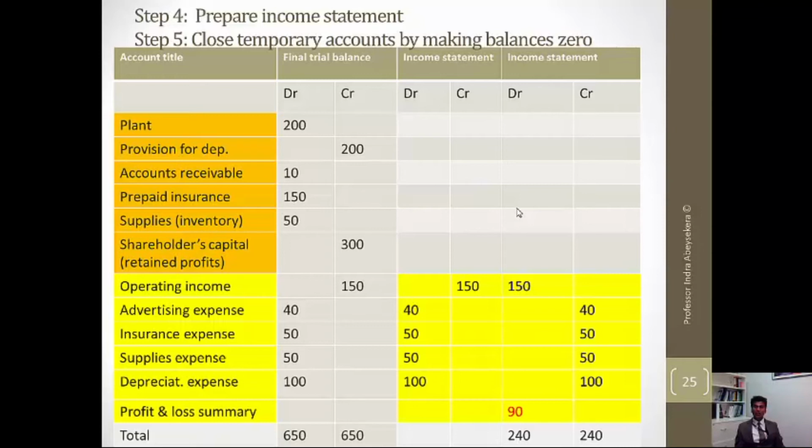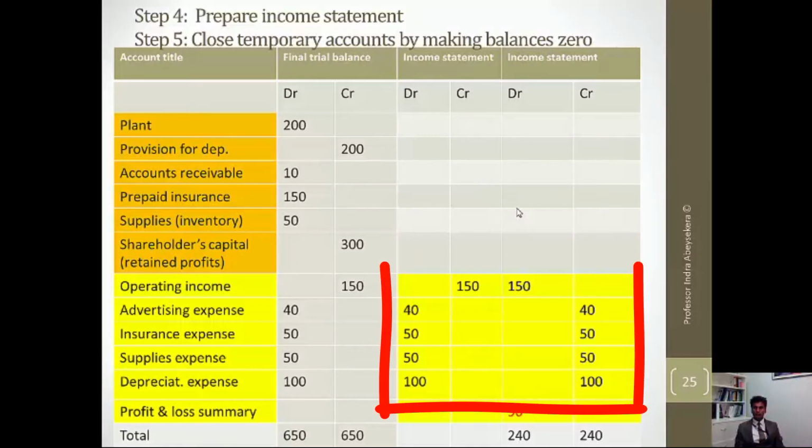When we say close, what we mean is that we make the balances in them 0. So income is a credit. Now we enter a debit. So debit and credit are equal, the balance is 0. Then there are expenses which are debits.